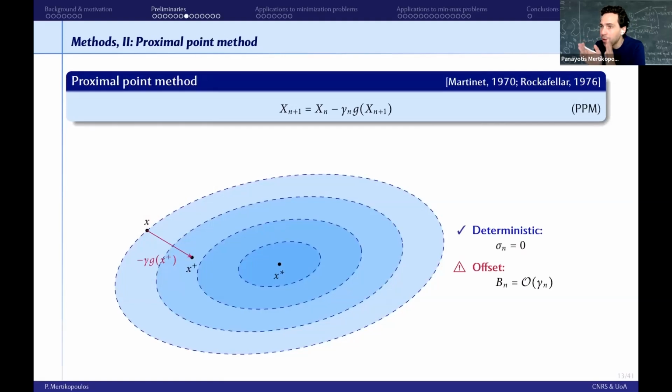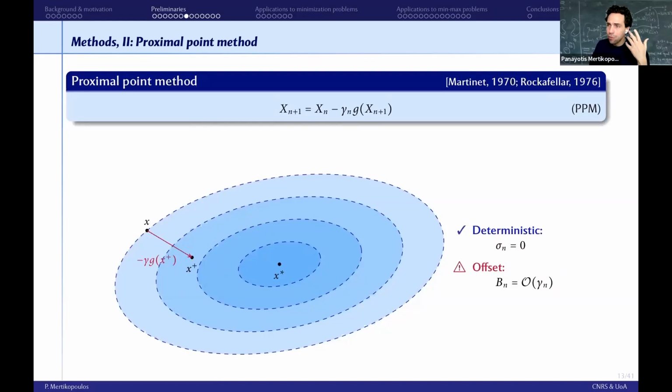And if we compare the two, the difference between them is of the order of the step size of the method. So we can really consider this as a special case of the general template that I presented, with no noise and an offset which is of the order of the step size of the method.